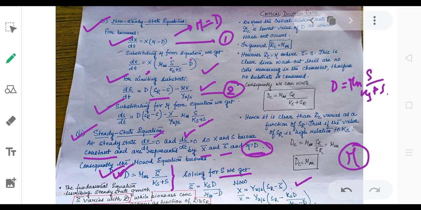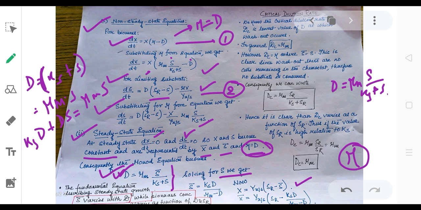You just cross multiply, d into ks plus s is equal to mu m into s, right? Okay. So now you write ksd plus ds is equal to mu m s. So now you find out the s.